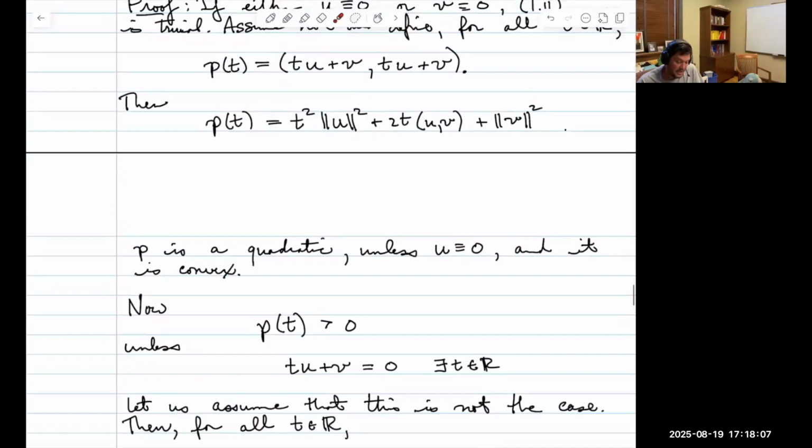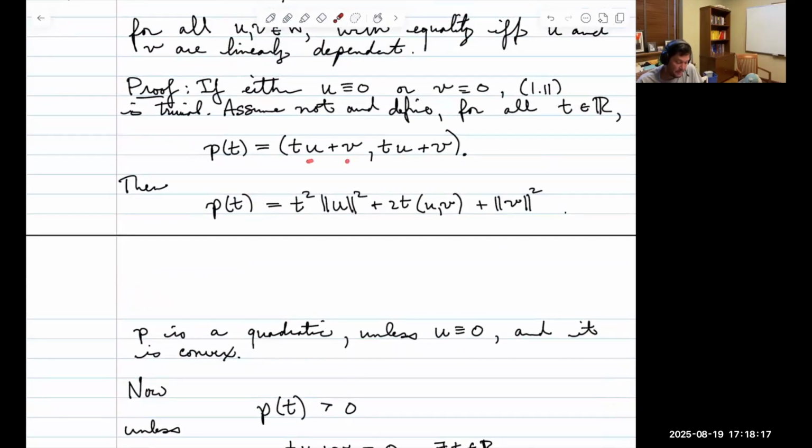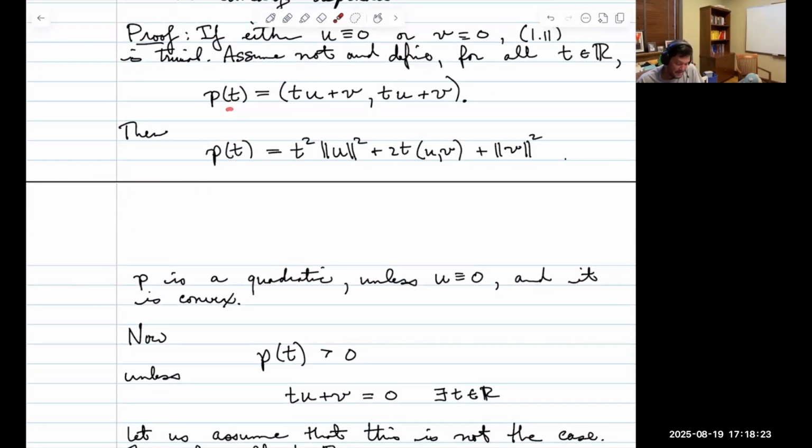Okay, now we're assuming that u is not equal to 0 and v is not equal to 0. So what do we know about this function? Well, p of t is greater than or equal to 0 for all t, and strictly greater than 0 unless tu plus v is equal to 0 for some t. That's the only way, because this could be 0 and therefore that could also be 0.